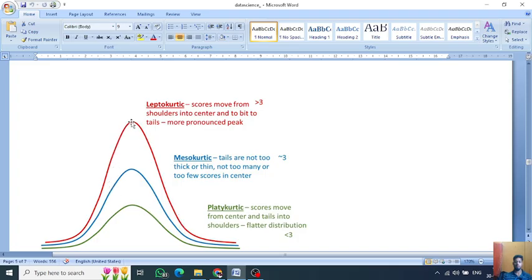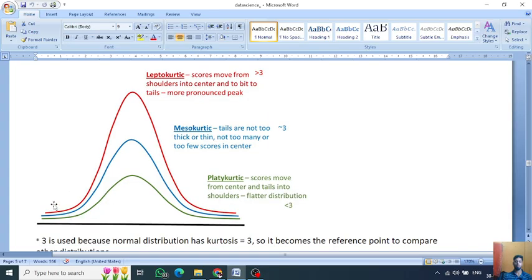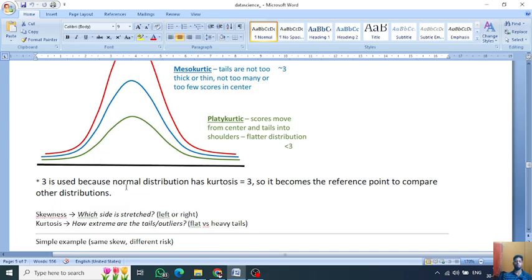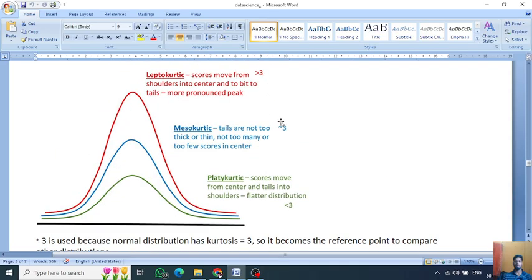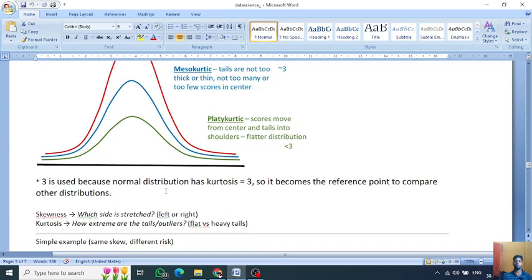See the red one: the peak is high and the tail is very heavy. Scores move from the shoulder into the center and the tails. These are leptokurtic, mesokurtic, the blue one, and the green one, platykurtic. Three is used because the normal distribution has kurtosis equal to 3.